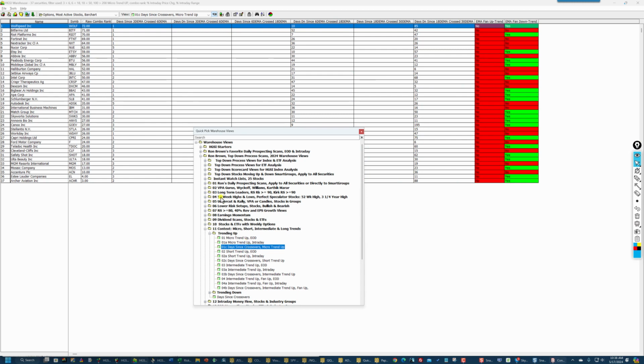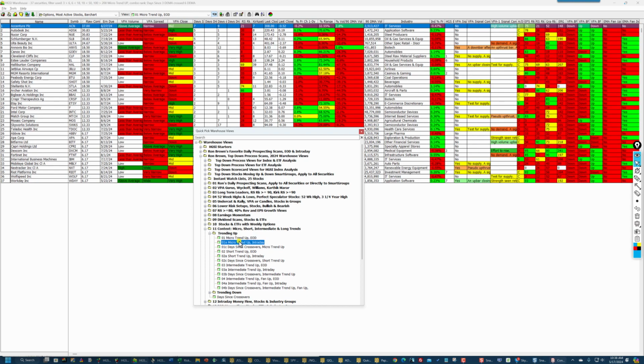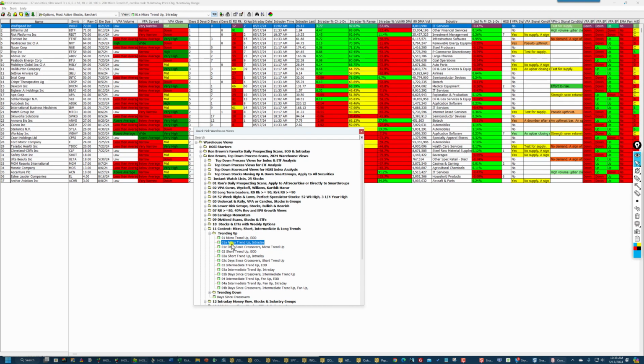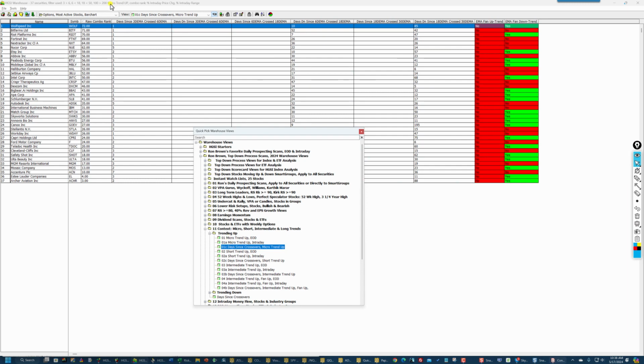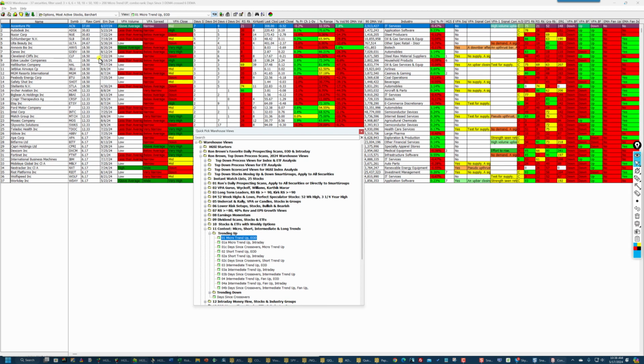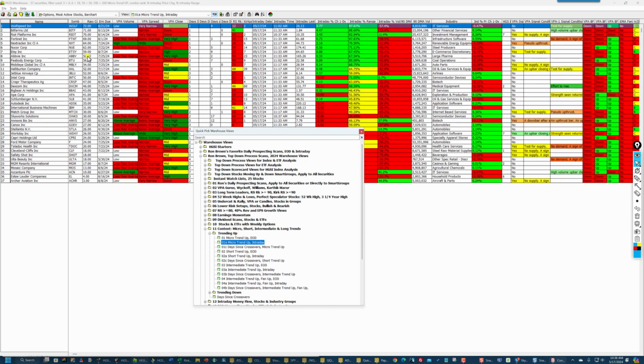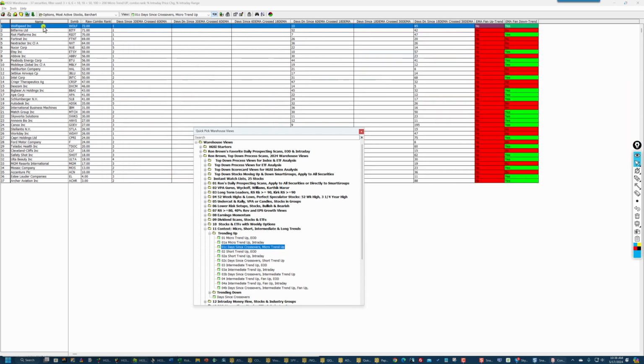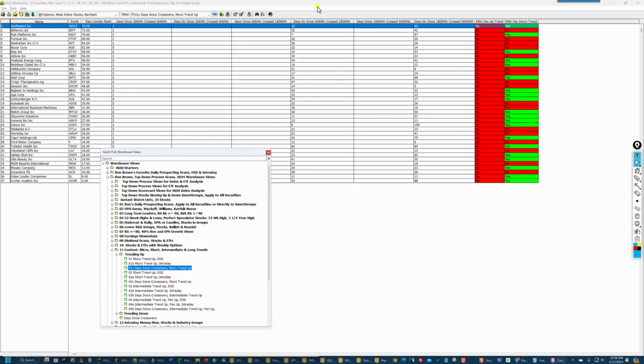So if I click on that, it's using the filter from the views above, and there's no combo rank, so these stay in the same order. For example, if I click on micro trend up end of day or intraday, you can see that wolf speed is at the top. And if I go down to days since the crossover, wolf speed is still at the top, and it tells you how many days have passed since the crossover. Now these other columns here are the days down since the crossover.